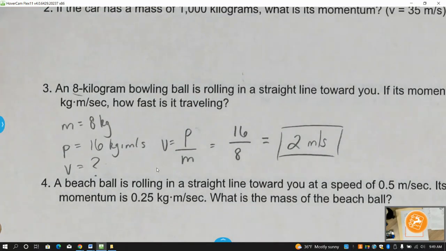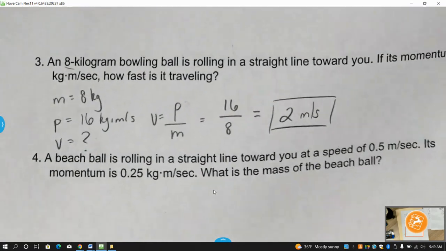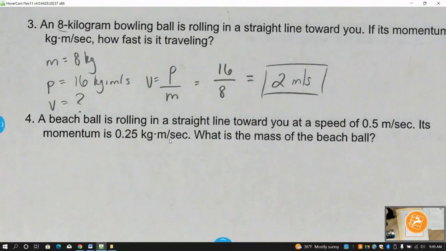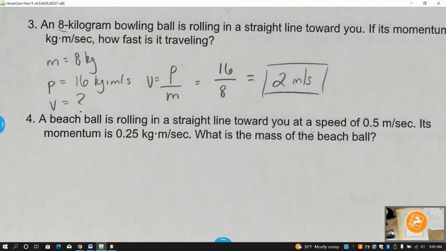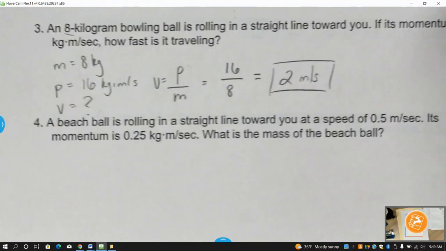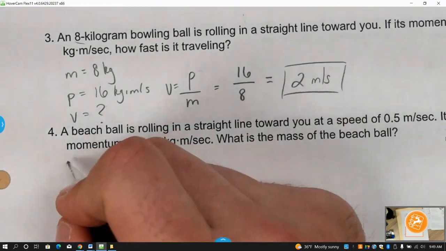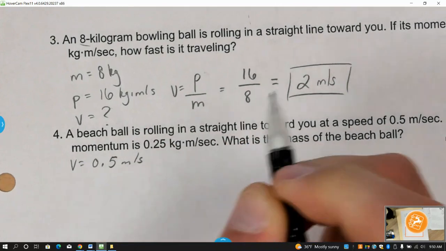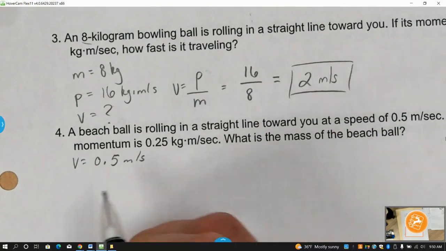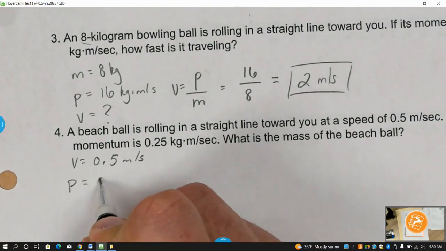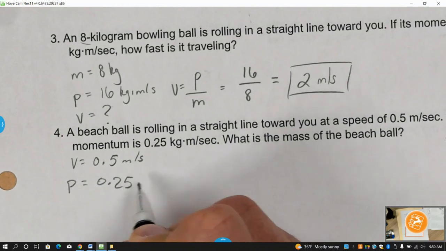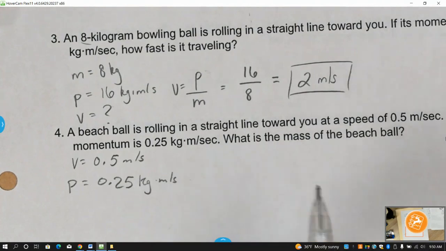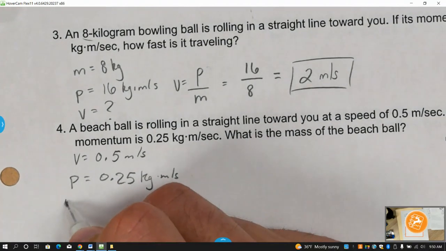If you have a beach ball rolling in a straight line towards you at a speed of 0.5 meters per second, so I have V, 0.5. And I have a momentum of 0.25 kilogram meters per second. What is the mass?